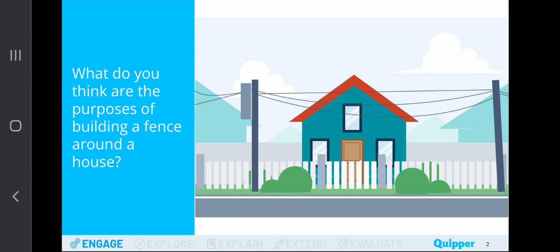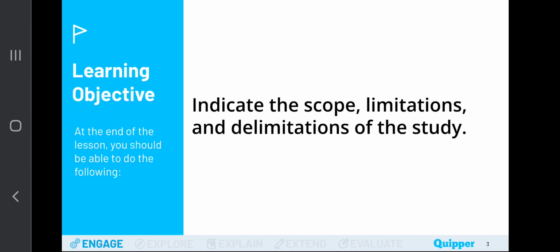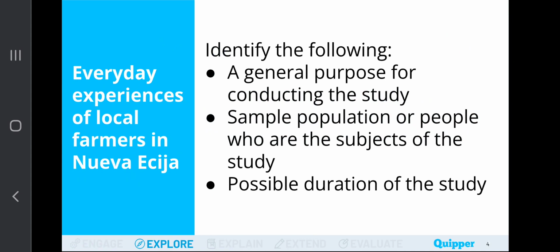Why is there a scope of conducting a qualitative research study? For this lesson, our objective is to indicate the scope, limitations, and delimitations of the study. Let's take, for example, this scenario, the everyday experiences of local farmers in Nueva Ecija.